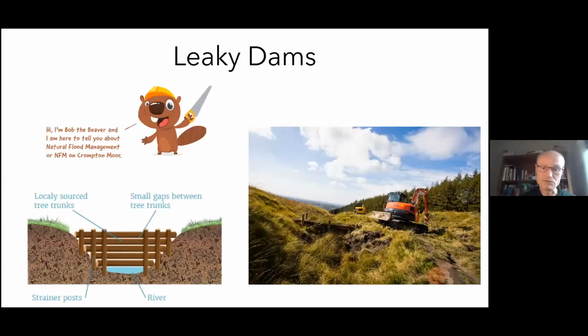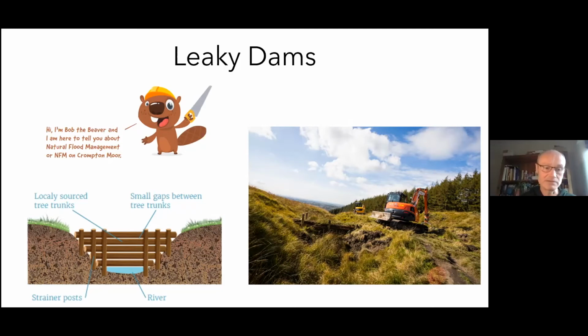Now, we've also been installing leaky dams on Crompton Moor. These leaky dams have been constructed in the watercourses on the moor, and we've used timber from the plantation that you can see behind the tractor in this image.